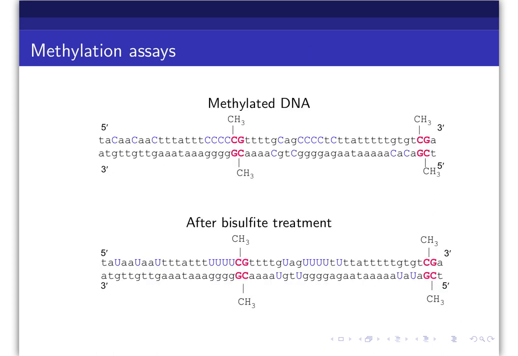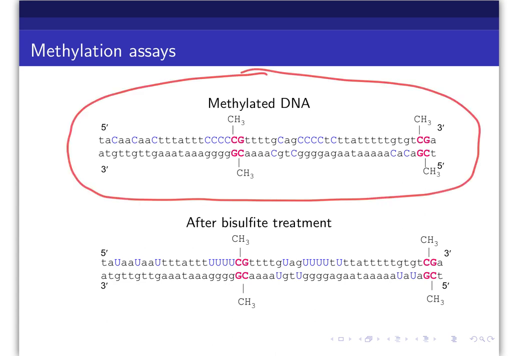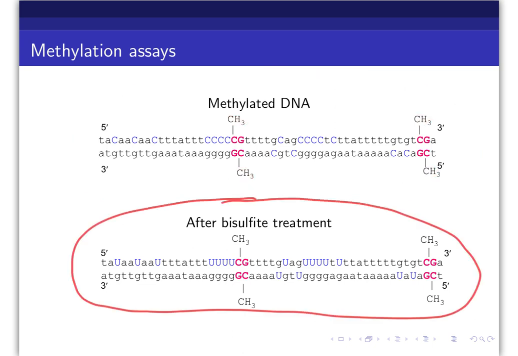Regardless of the Illumina platform used, the technology for assessing DNA methylation proceeds by bisulfite converting the DNA prior to performing the hybridization assay. What is depicted here is a double-stranded DNA molecule with some CG dinucleotides methylated. After bisulfite conversion, methylated cytosines remain unchanged, while unmethylated cytosines are converted to uracil.